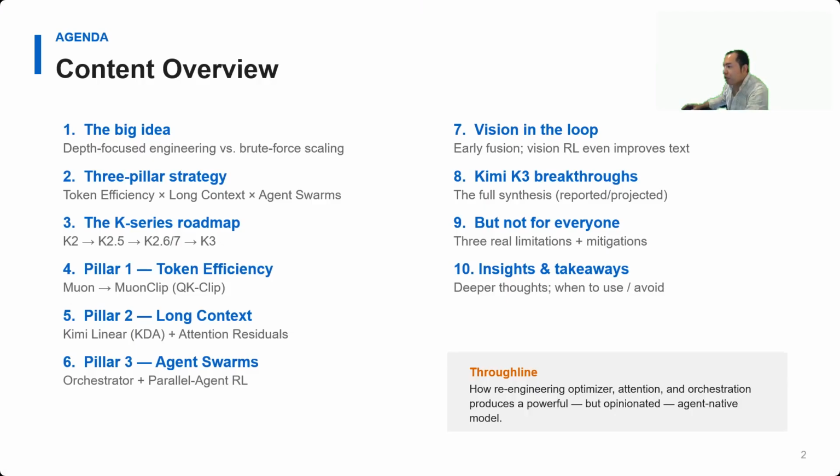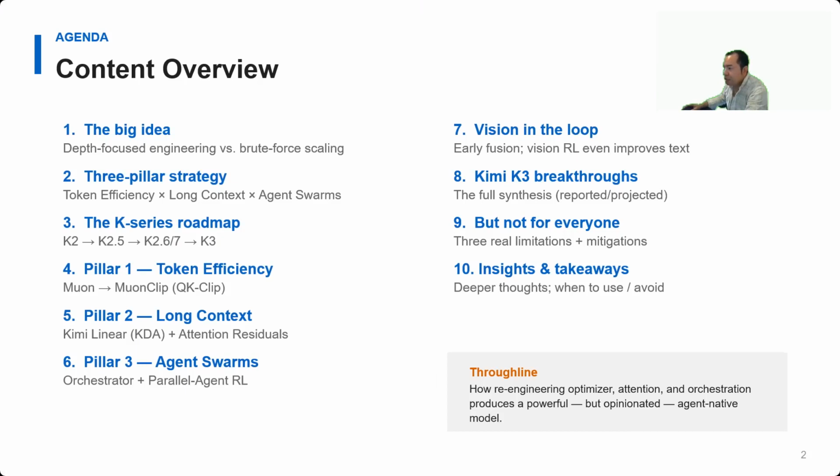We will go one level deeper into each pillar: the MuonClip optimizer for token efficiency, Kimi Linear and attention residuals for long context, and agent swarms for horizontal scaling, plus how vision fits in. Then we will land on Kimi K3 itself.